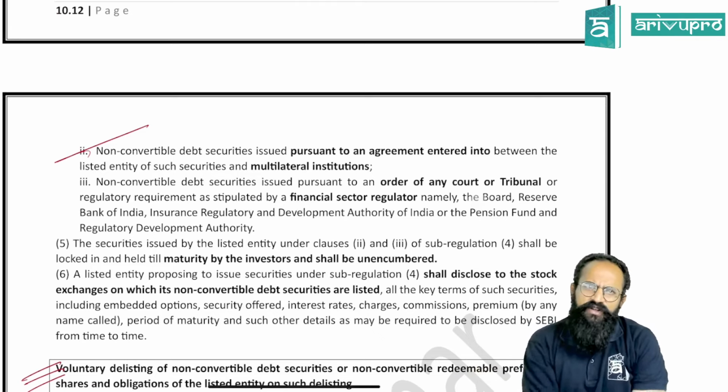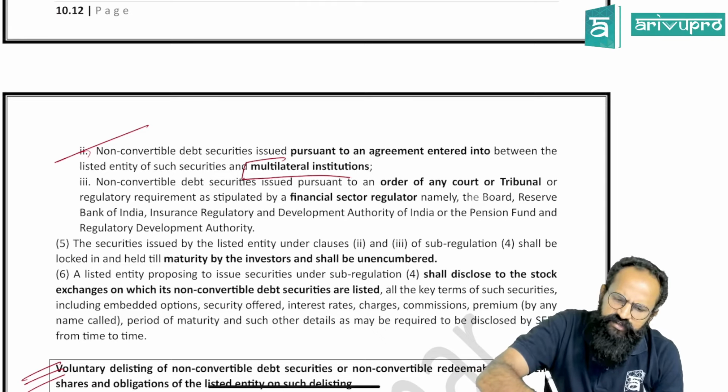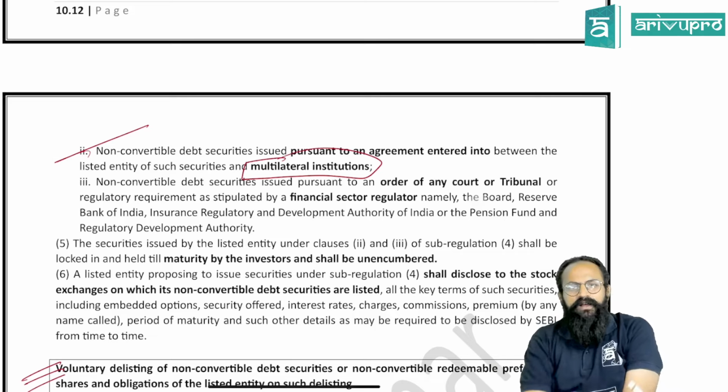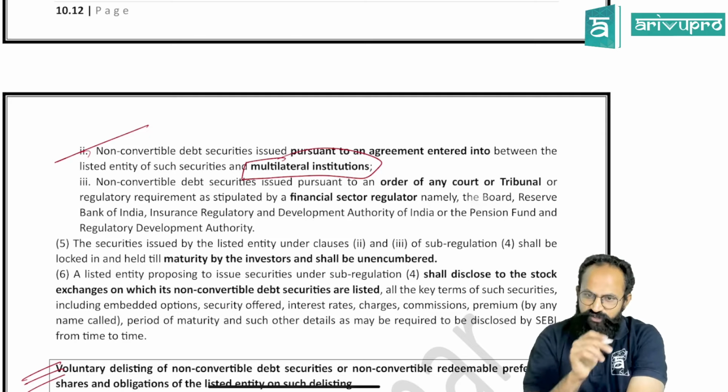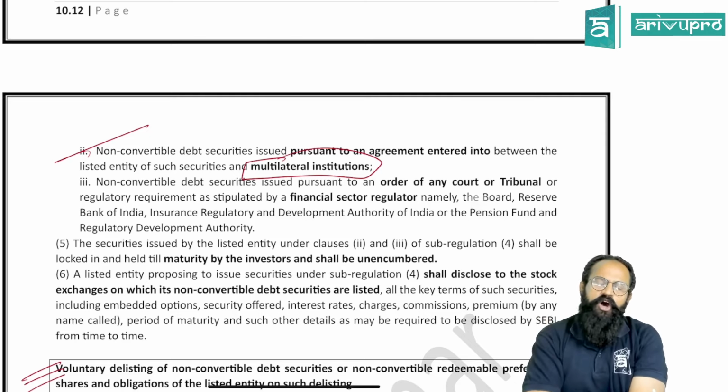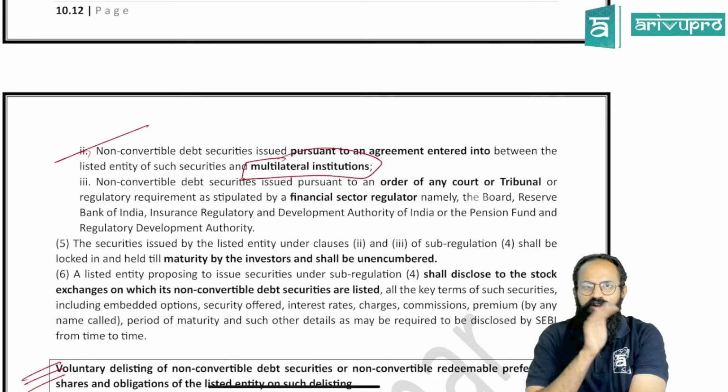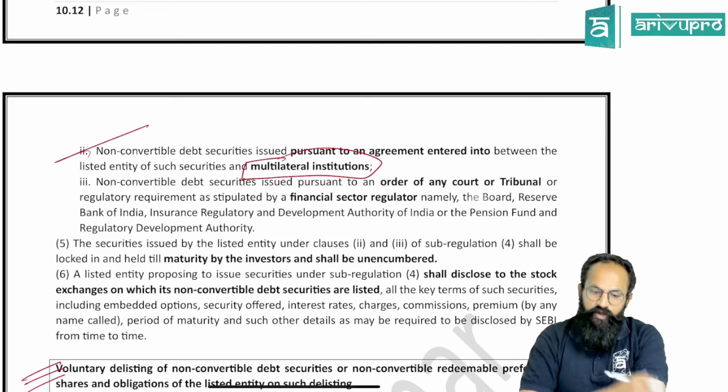To whom have we given, sir? We have given it to a multilateral institution like World Bank, International Monetary Fund, IMF and all. Based upon an agreement, if you have given any non-convertible securities to them, you need not list those securities, not required.